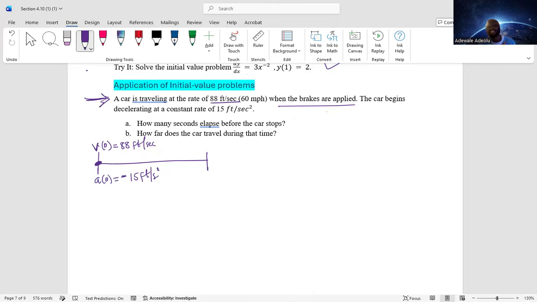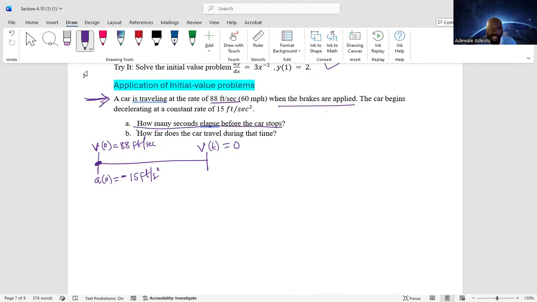If you are traveling at 88 feet per second and you are decelerating, by the time you get here at the final time, your velocity will be 0 because you are applying brake. So you are reducing that speed until it comes to a stop. So the question is, how many seconds elapse before the car stops?